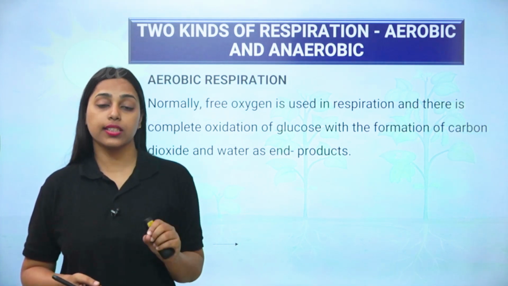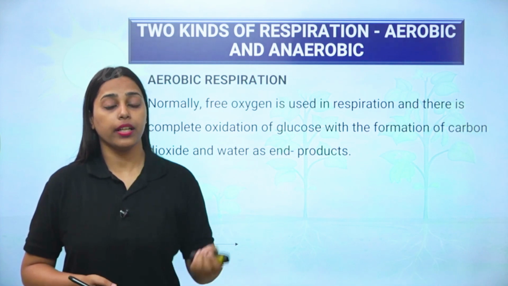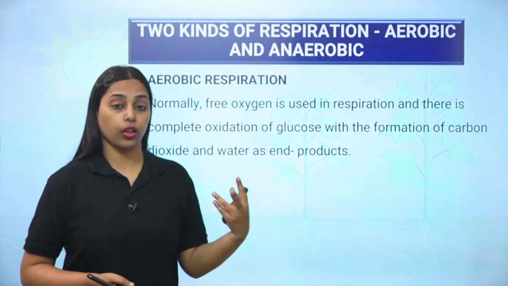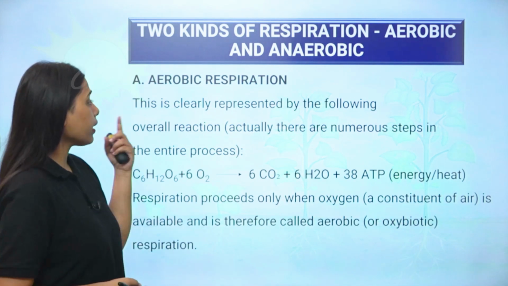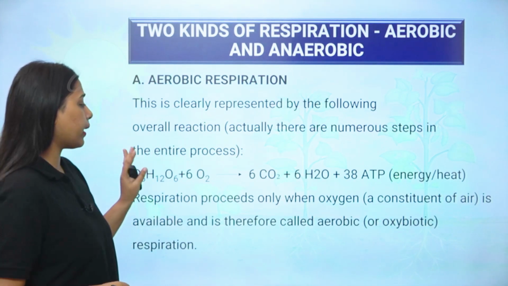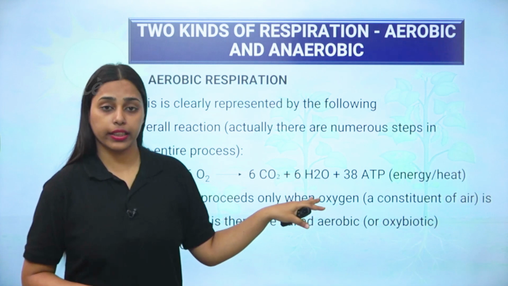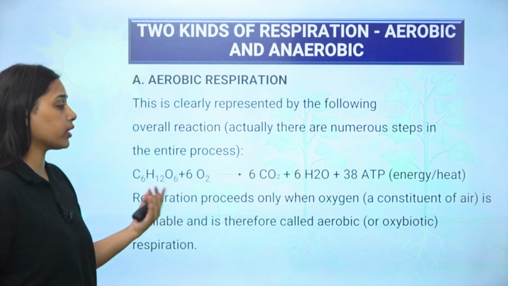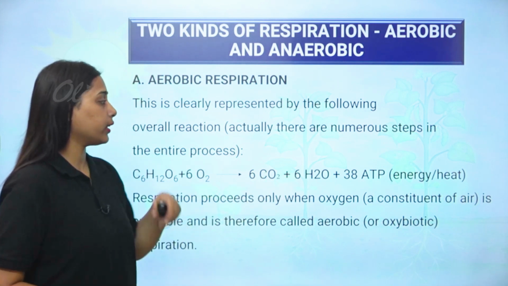When oxygen is completely available, it gives carbon dioxide and water as the end products along with energy. This is represented by the equation you have seen earlier, and energy as 38 ATP molecules is generated. Now it is being written in this manner also.